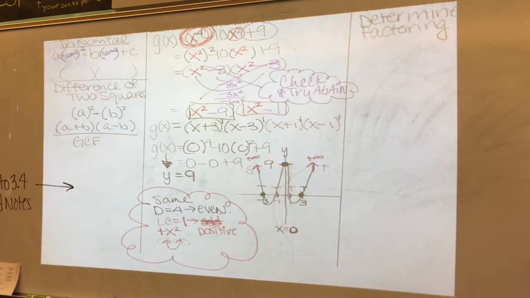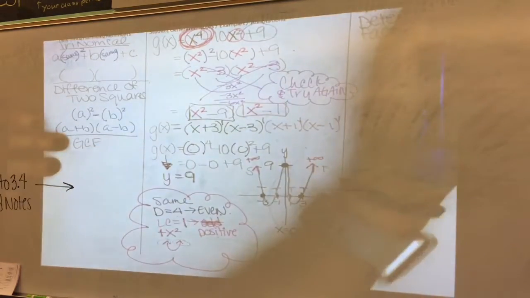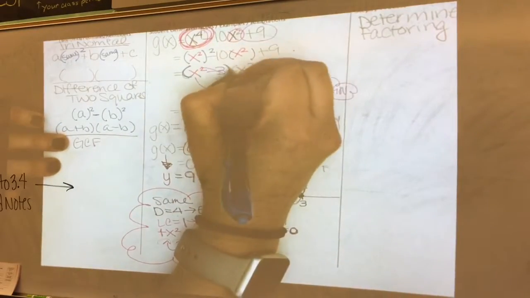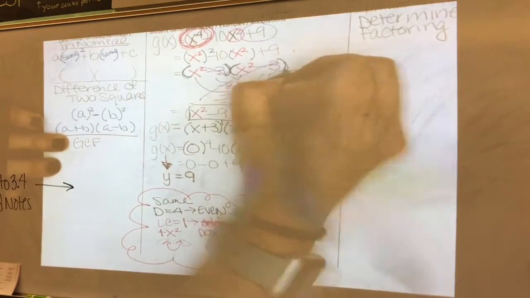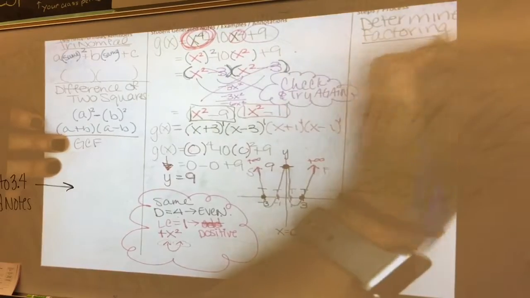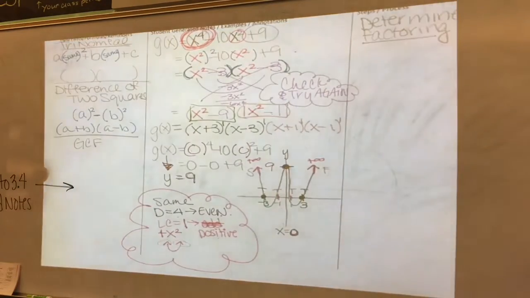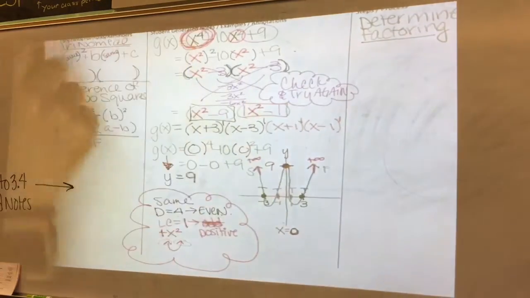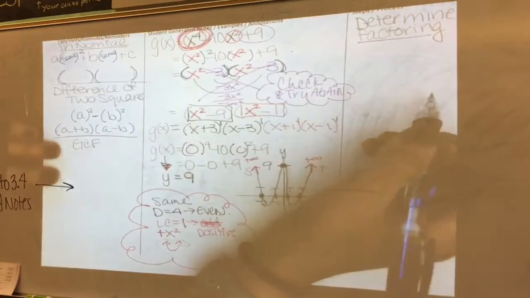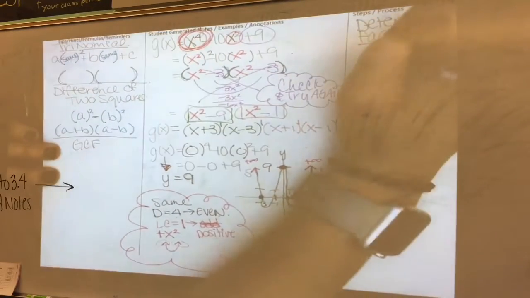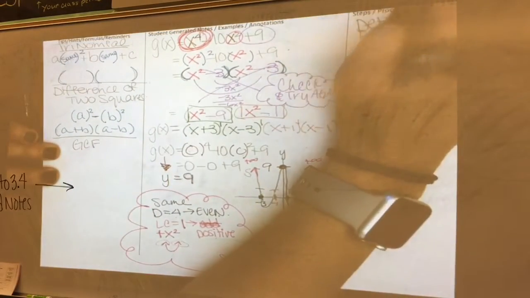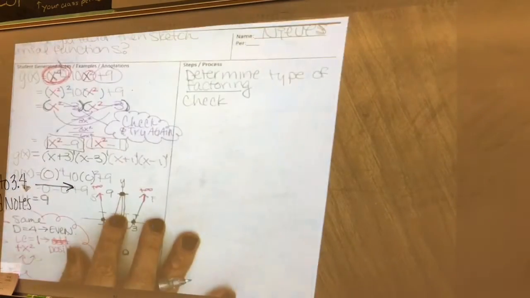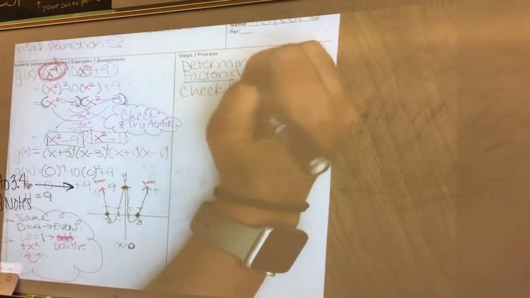Okay, so I determined the type of factoring, and I did that kind of here in blue. So factoring, that's the key word that I like. Okay, so I can see where I did that there. I like that. Then I had to check, so I don't want to forget that. So check factoring.